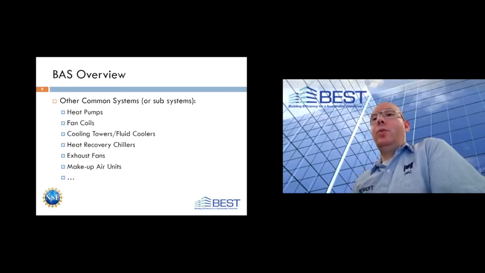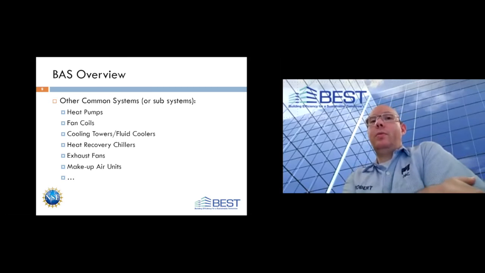Cooling towers and fluid coolers. So when we get into the production of chilled water, or when we get into cooling off heat pump loops, cooling towers and fluid coolers are a frequent choice, especially when you get into large loads within your building.